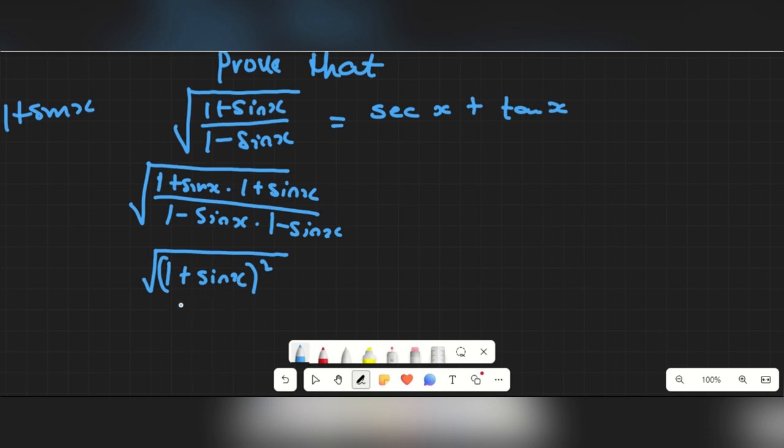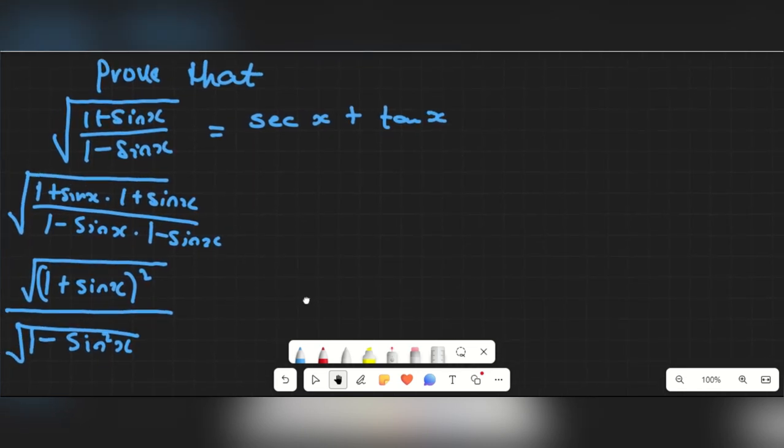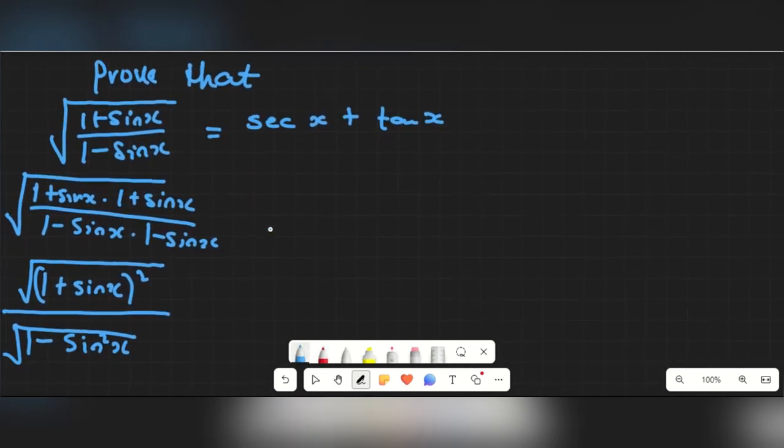You get what I'm trying to say now. And then this one, if you look at these two, it looks like a difference of two squares. So we're going to be having 1 minus sine squared x, all in square root. Let me bring this to this side so that we can have the root. So now we are going to be having (1 minus sine squared x), all of that.